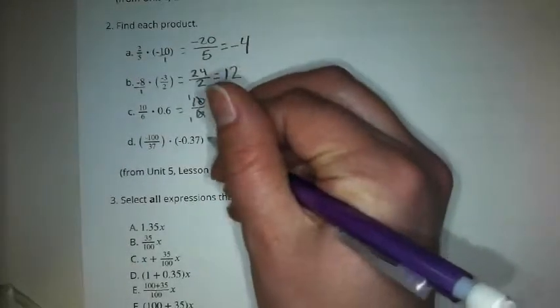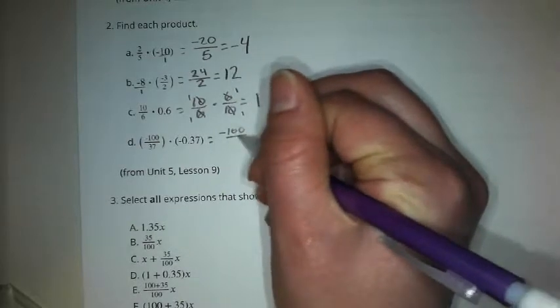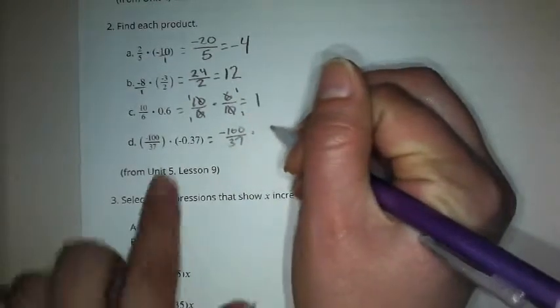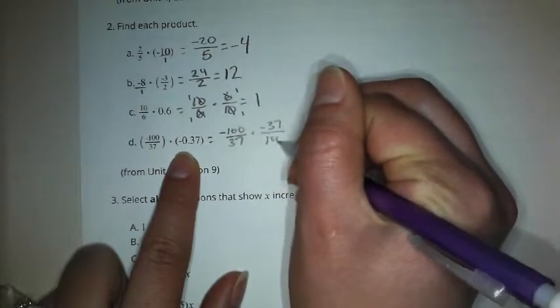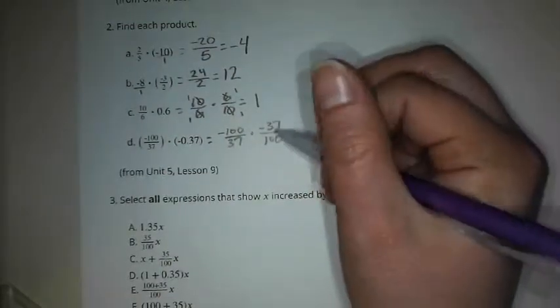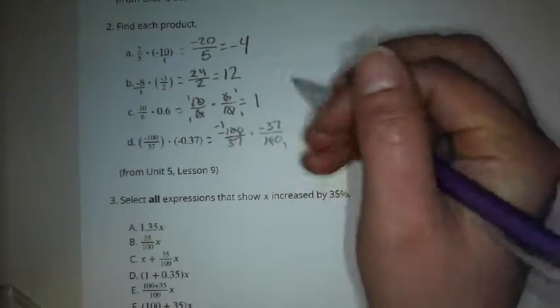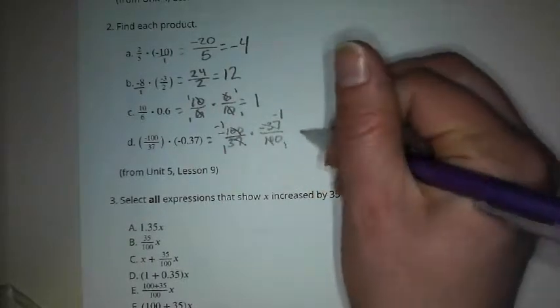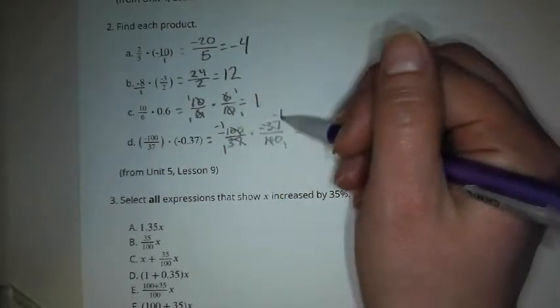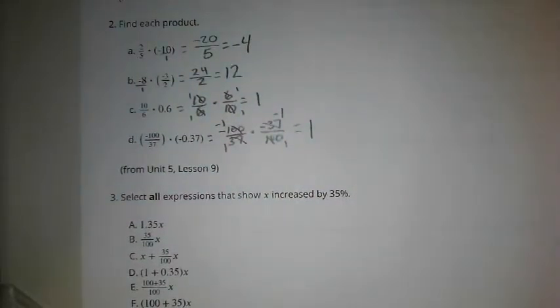So again, I'm going to rewrite this to make them the same format. So negative 100 over 37 times negative 37 hundredths. So I can see that these would cross simplify. A negative 1 times a negative 1 is 1. 1 times 1 is 1. So my answer here is a positive 1.